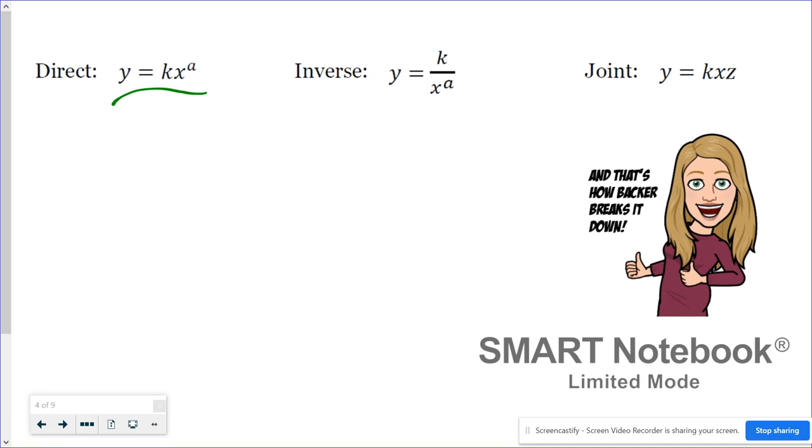Y varies inversely as x, I'm going to have y equals k divided by x. And jointly, y varies jointly as x and z, so I'd have y equals k times x times z, right?